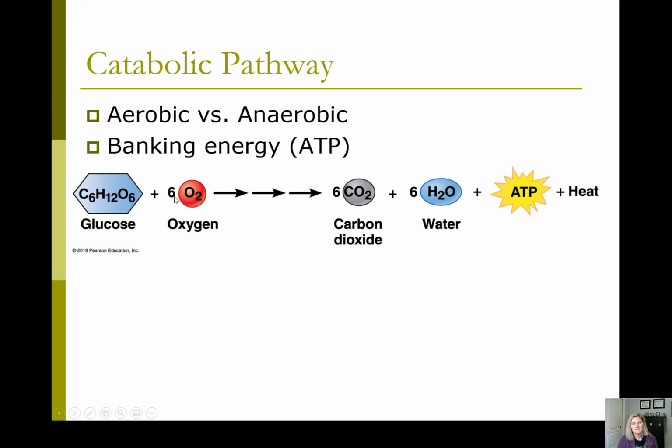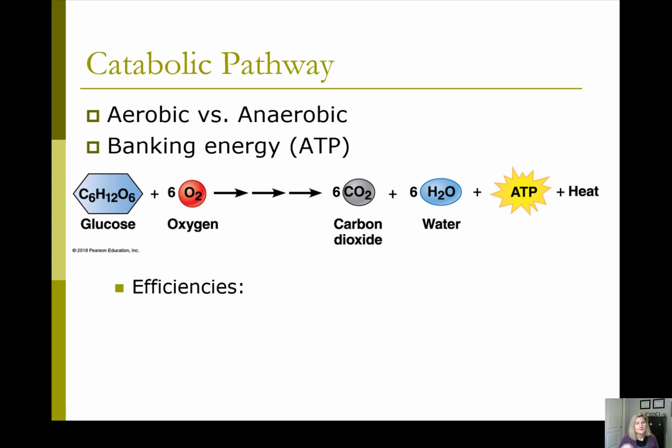They have some other inorganic molecule instead of oxygen. And then there are other forms of anaerobic respiration, like fermentation, where you're just breaking down the sugar without any oxygen present. That one's not going to produce as much ATP.